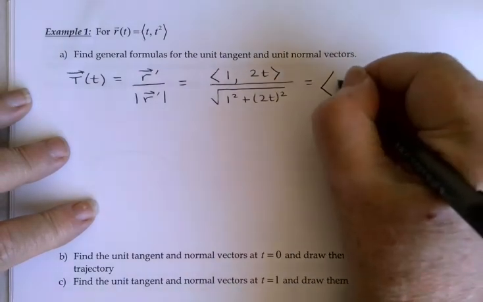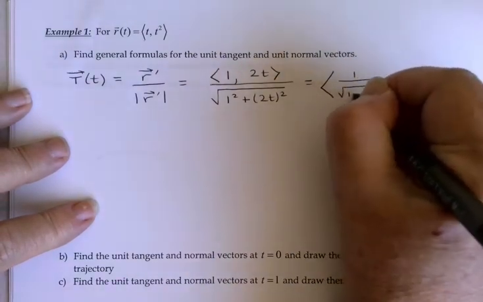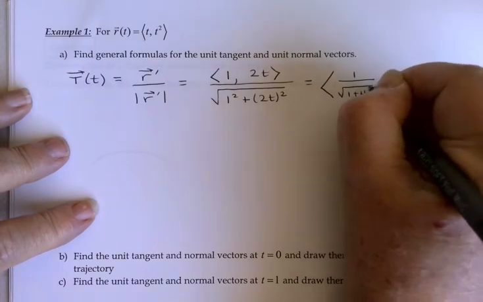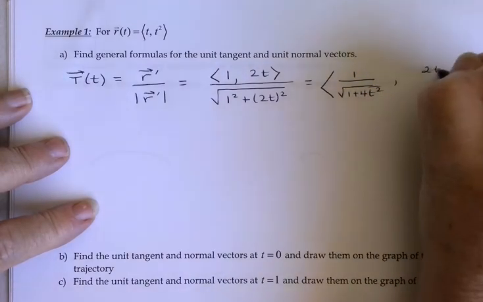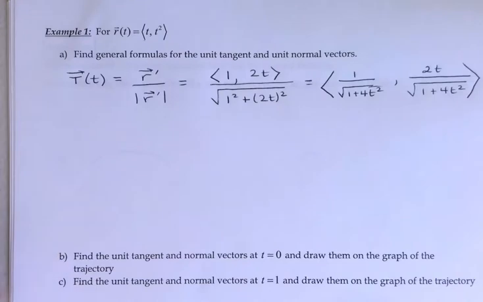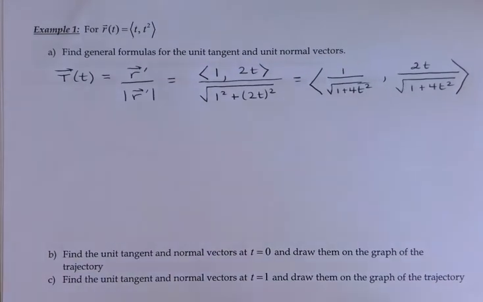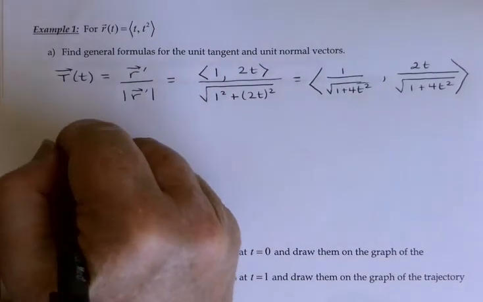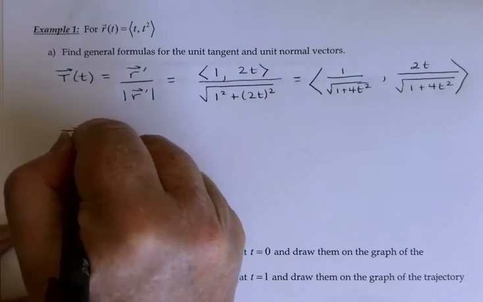So I'm going to end up with 1 over the square root of 1 plus 4t squared and 2t over the square root of 1 plus 4t squared. Not too bad. The unit normal.